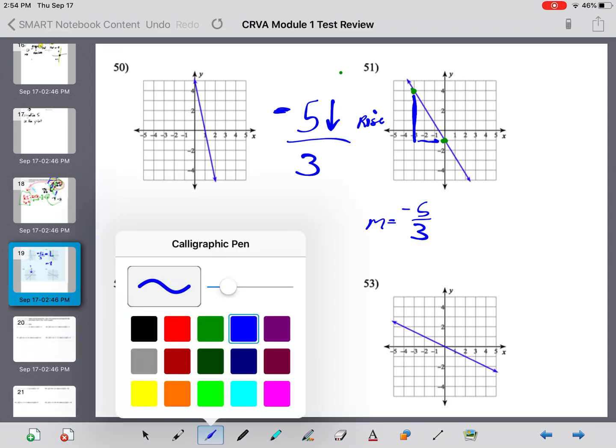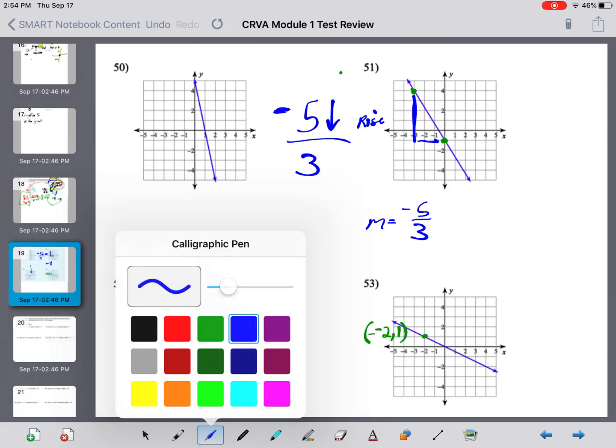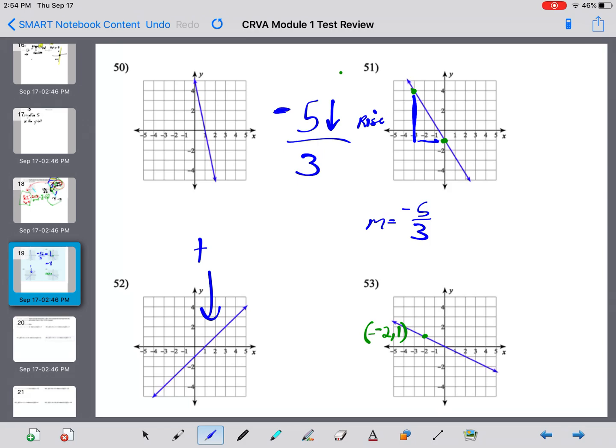On number 53, I'll calculate the slope. The location of that green dot is negative 2, 1. The location of this blue dot right here is 2, negative 1.